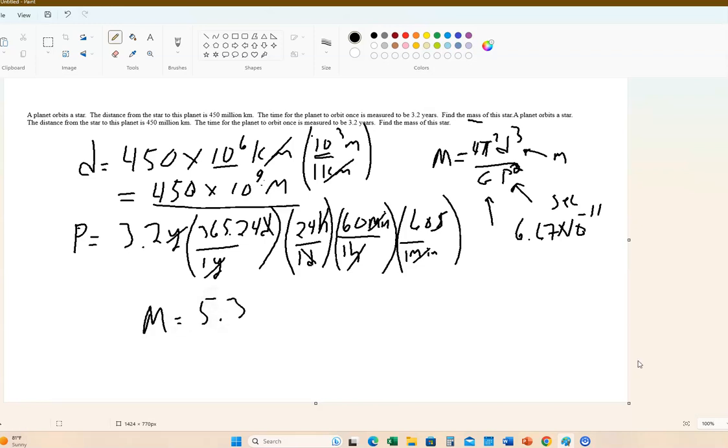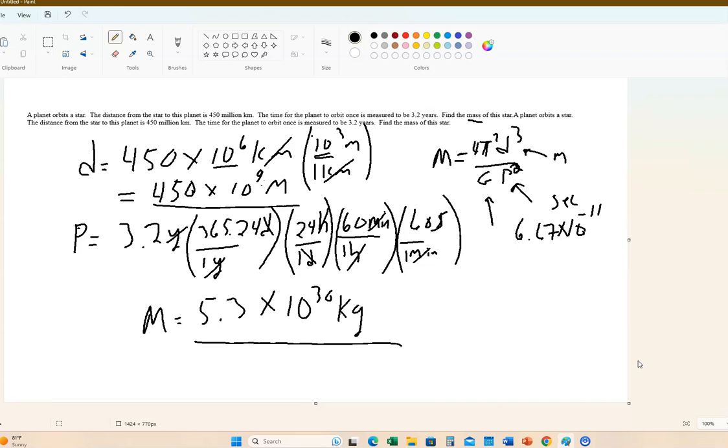There are lots and lots of digits after this, but in astronomy, knowing these first 2 digits is more than sufficient. Times 10 to the 30th kilograms. That is our mass rounded one place past the decimal. That's how you do it.